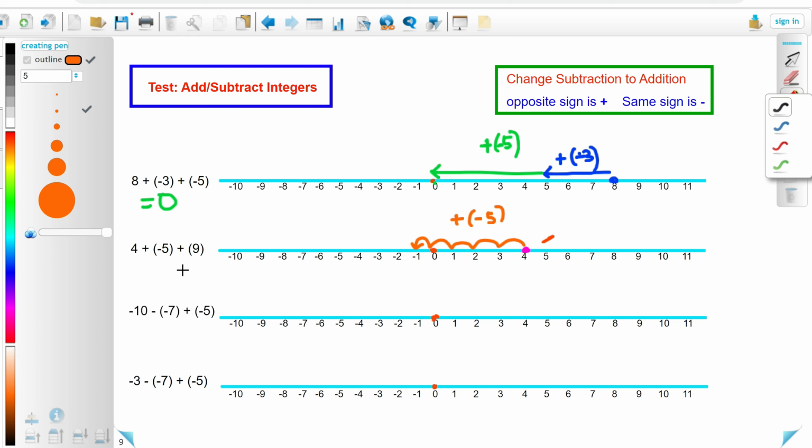We reached minus 1. And then we have to go plus 9, which means 9 units to the right: 1, 2, 3, 4, 5, 6, 7, 8, 9. So you reach 8. So the answer is 8.